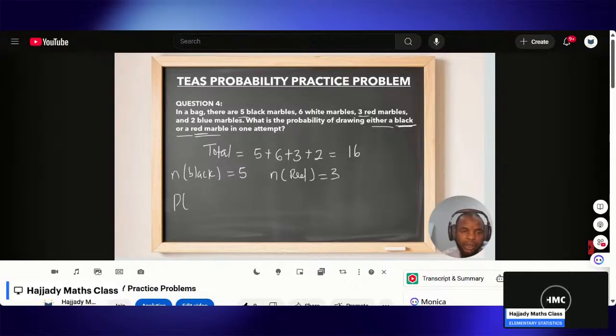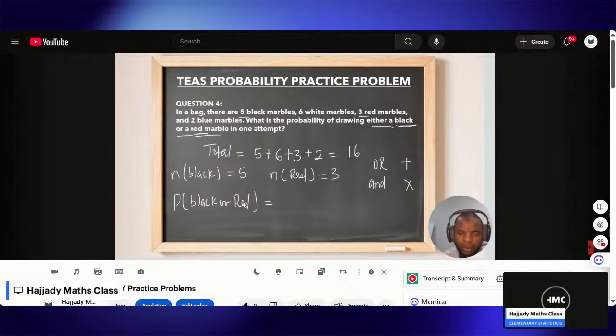Now we want to calculate the probability of selecting a black or red. In probability, when we talk about OR, we use addition. When we use the operation AND, we use multiplication.